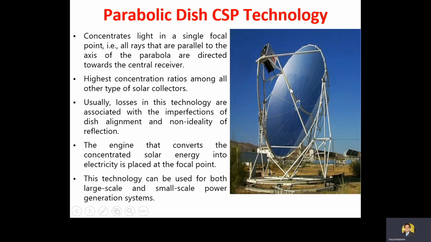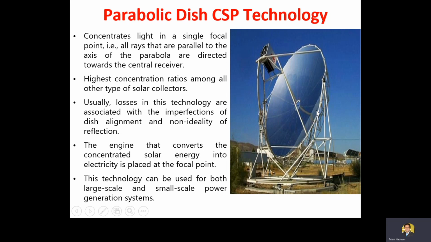So the parabolic dish concentrated solar power technology has the highest ratio among other solar collectors. Usually, losses in the technology are associated with imperfect dish alignment and, secondly, the non-ideality of the mirror or reflection surfaces.